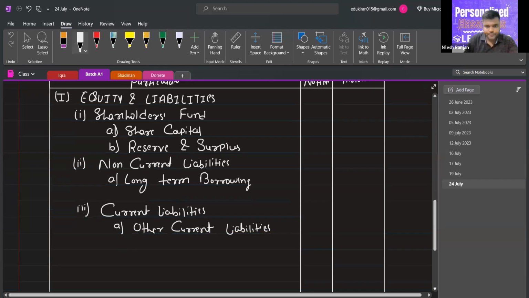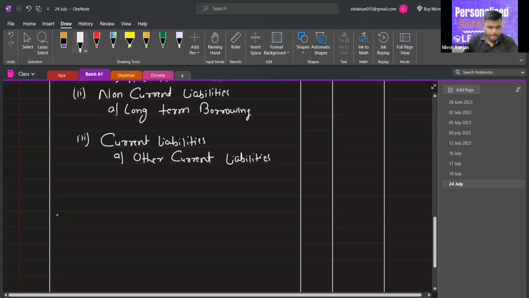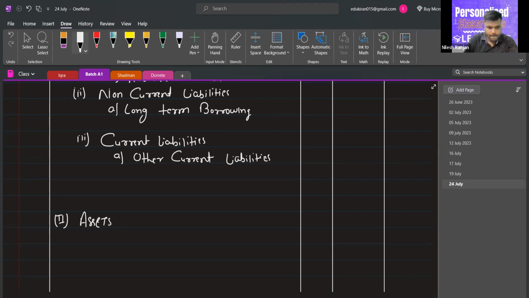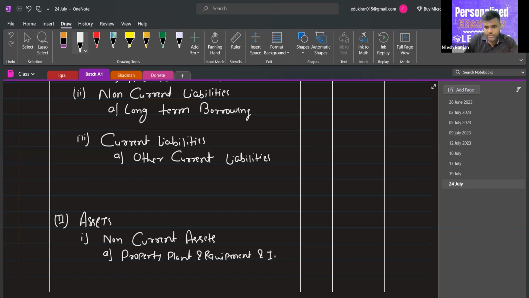After that, asset side. The first item is non-current assets. Under non-current assets, it is property, plant and equipment, and intangible assets.